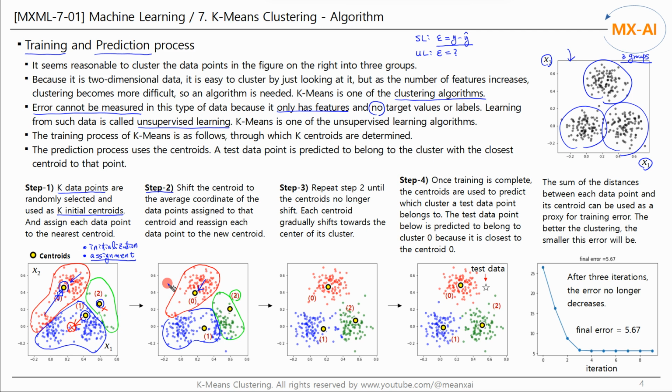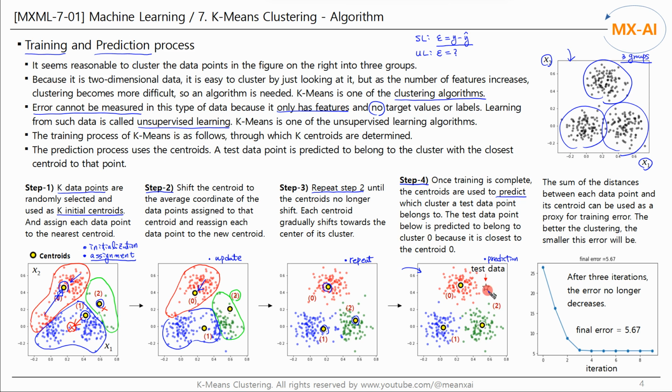Step 3 repeats step 2 until the centroids no longer shift. As a result, the centroids are moved towards the center of each cluster. In this figure, you can see that the clustering was done well. This is the update centroids process, and this is the repeat process. Step 4 is the prediction process. Once the training is complete, these centroids are used to predict which cluster the test data point belongs to.